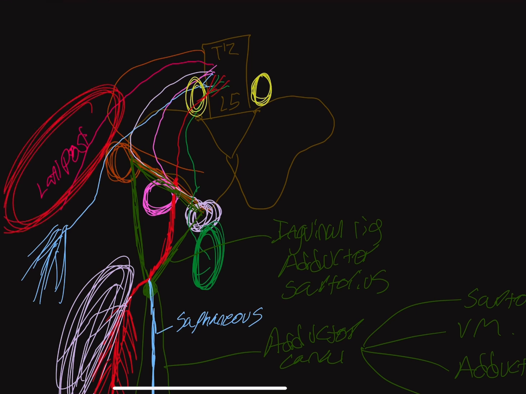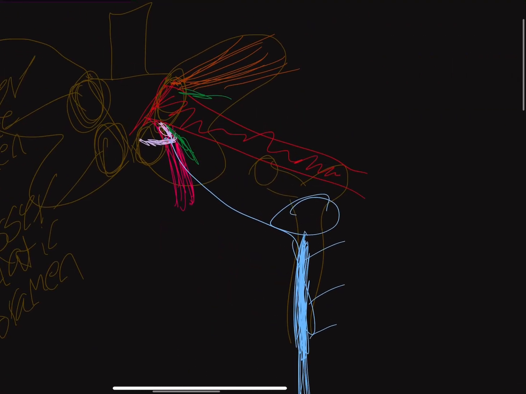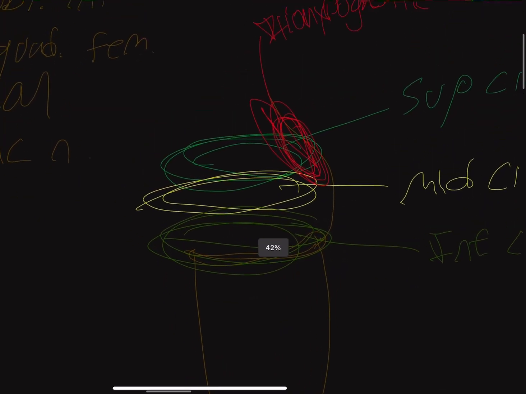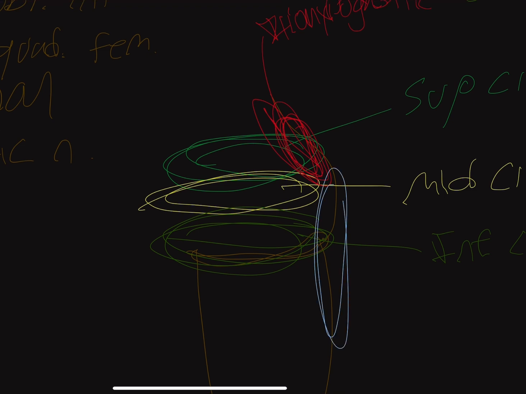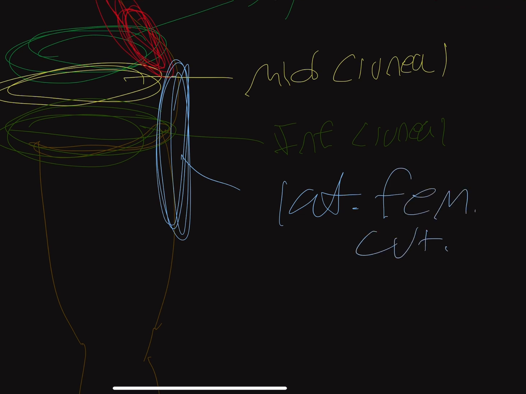The one that I say kind of goes laterally and posteriorly, that's your iliohypogastric. And it's innervating that part right there. Your lateral thigh is kind of coming in here, and it's your lateral femoral cutaneous. Right?